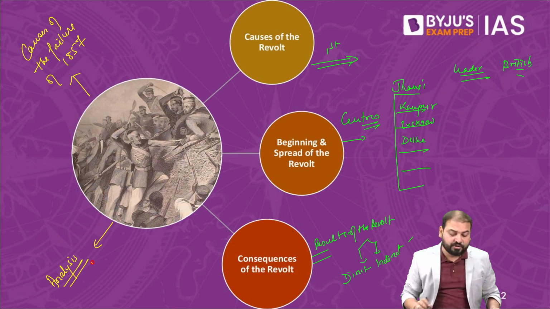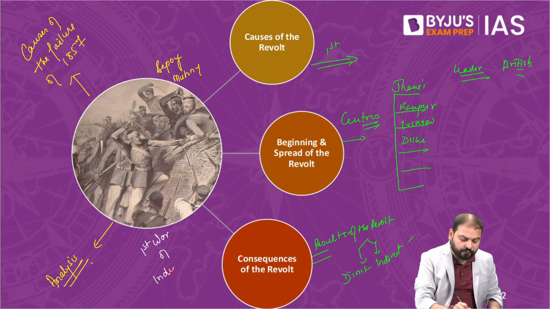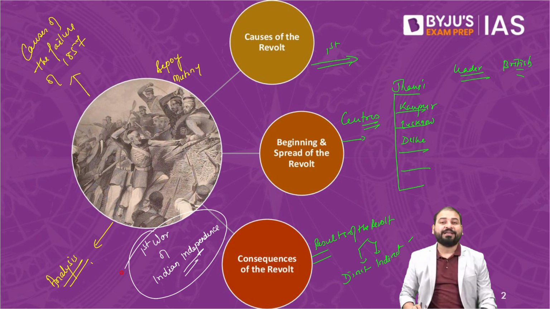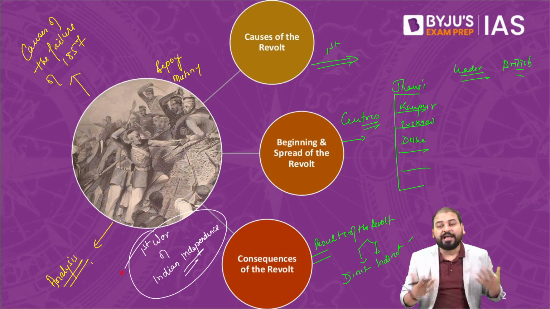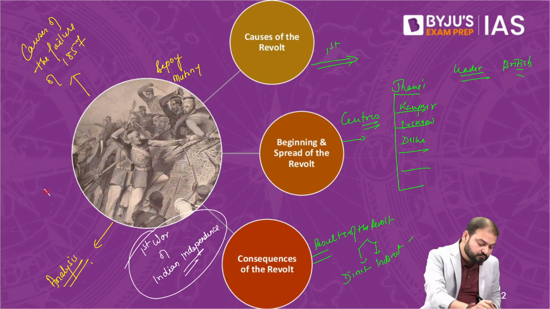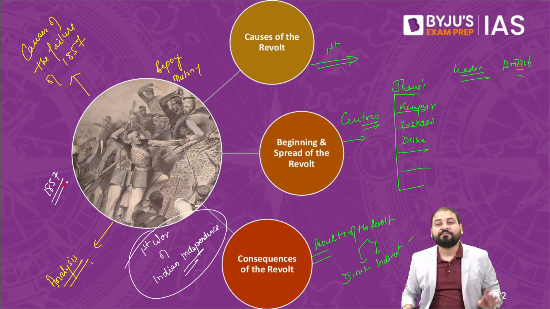One historian will call it a sepoy mutiny, whereas another historian will call it the First War of Indian Independence. So we shall see what exactly this revolt is, and how we define this particular revolt of 1857.